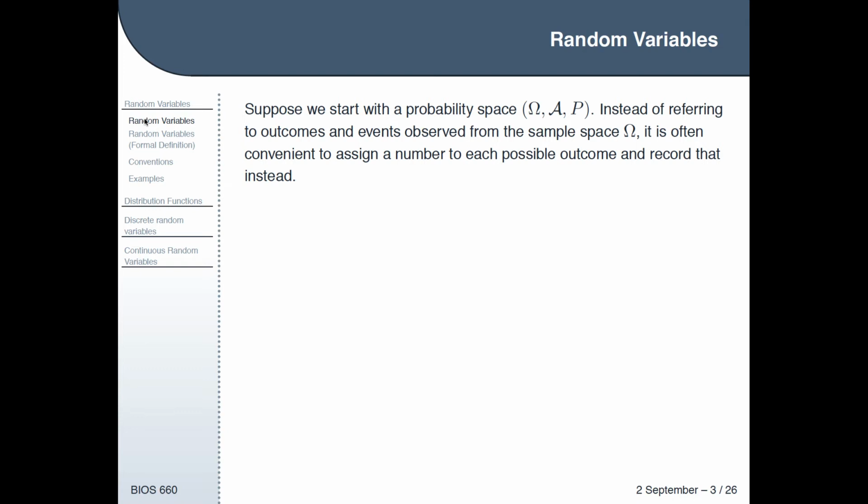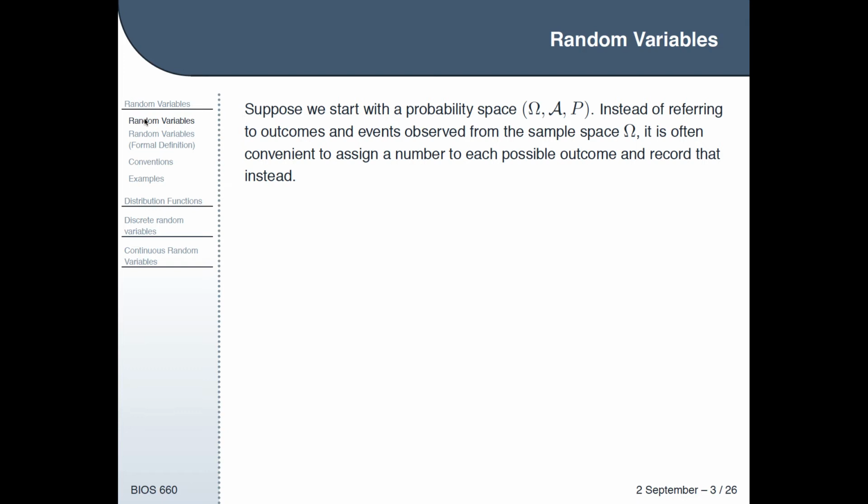The idea behind random variables is that you can take a large class of sample spaces and reduce them to a much smaller class of random variables that have similar properties and reduce the number of different types of probability spaces and sample spaces that you may want to consider.